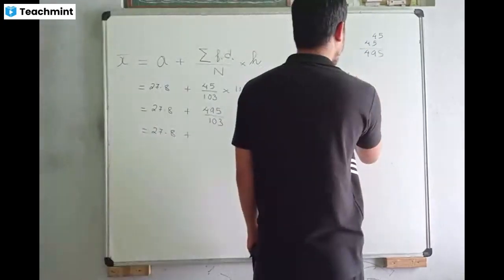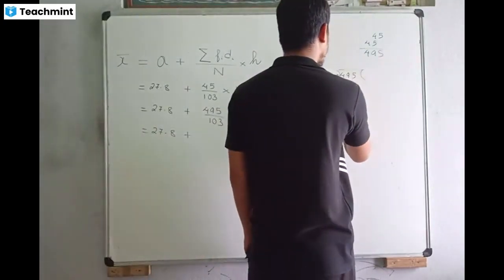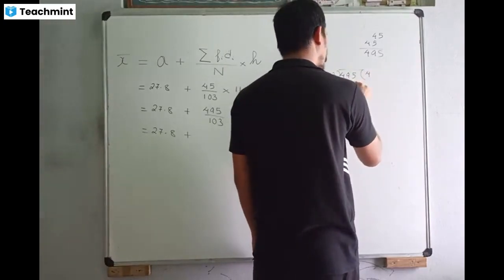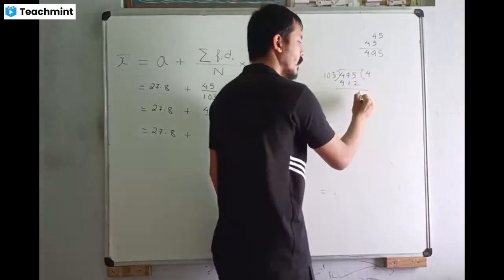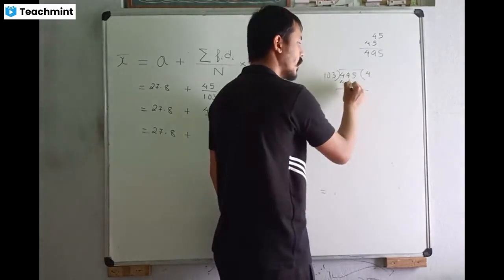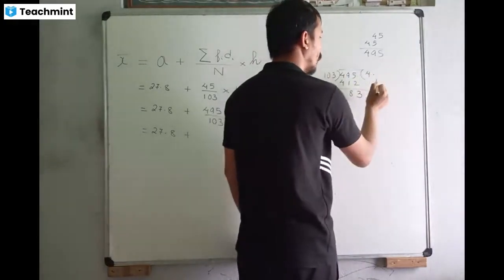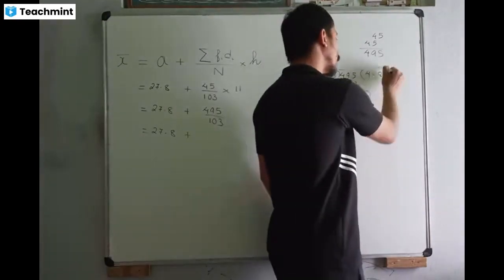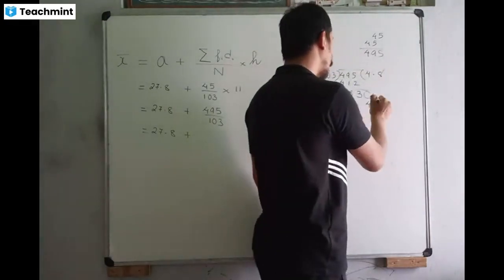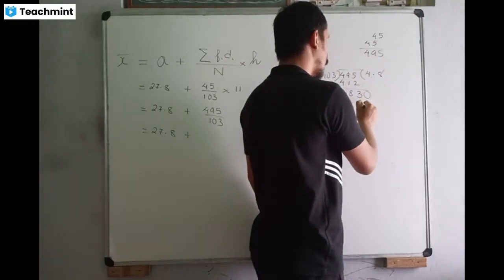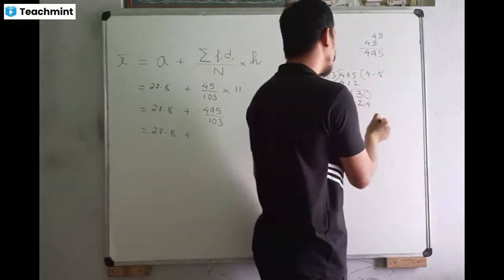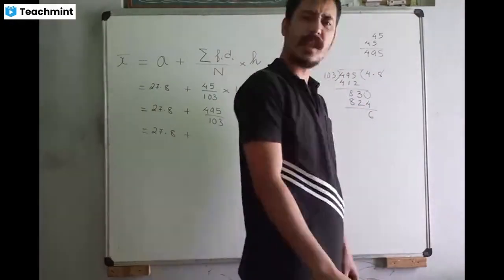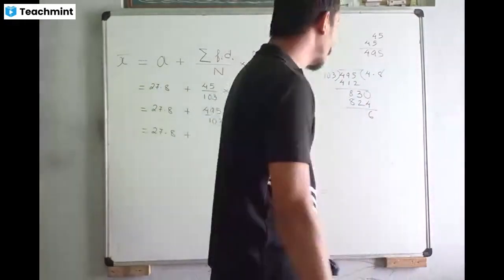So 495 divided by 103. 103 times 4 is 412. 495 minus 412 is 83, so 4 point, and then we have 0. 103 times 8 is 824, and that's enough.